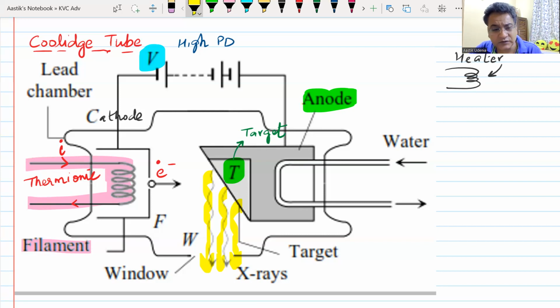How is it the reverse of the photoelectric effect? In the case of X-rays, photons are not striking the metal. Try again.